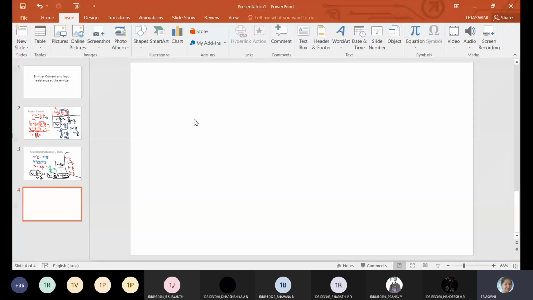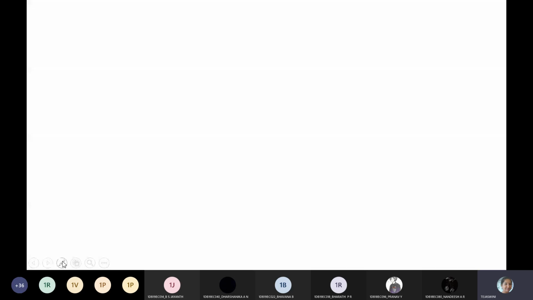So here you have a common emitter transistor. So emitter is grounded. So where you are going to find out the R pi, I've written here 3 terminals. This is base, collector, emitter.